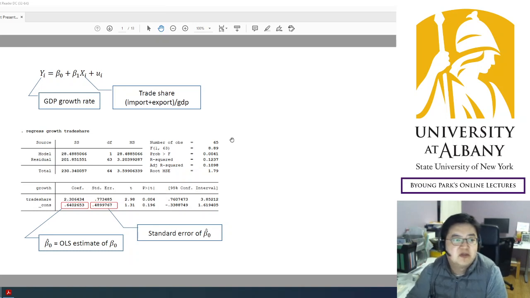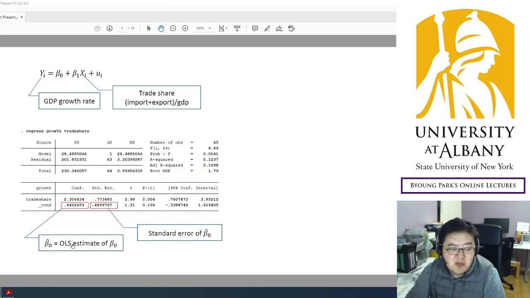Let's see what happens. Remember, the basic regression equation is simple: Y is determined by beta 0 plus beta 1 times X plus an error term. Basically there are two parameters, beta 0, the intercept, and beta 1, the slope. Beta 0 is estimated here and denoted as beta 0 hat, which means the OLS estimate of beta 0, the intercept estimate.